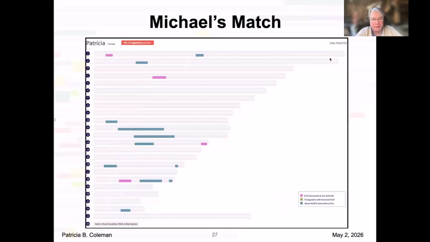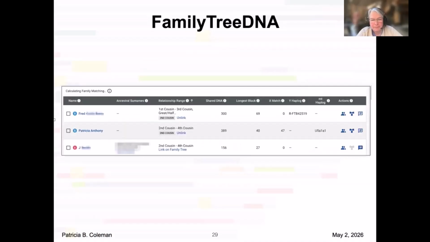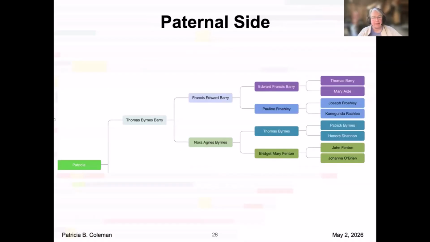And here's the pink, Michael's matches. That's the color DNA Painter picked, and that's Emil Sauerwall and Ava Snyder. And there they are. And the lighter pink over here is this match from Blue that triangulates with Michael. Whoops, back up one. Clicked too fast.